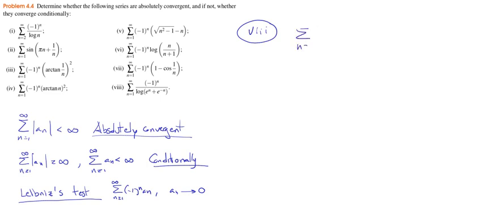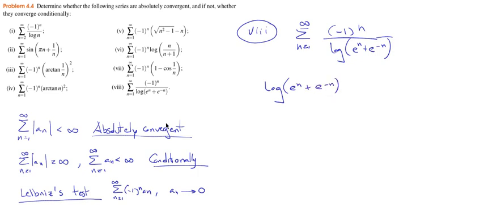This is the sum from n equals 1 to infinity of minus 1 to the n times the logarithm of e to the n plus e to the minus n. Let me see how to work with this. We can say that this is the logarithm of e to the n times 1 plus e to the minus 2n, right?